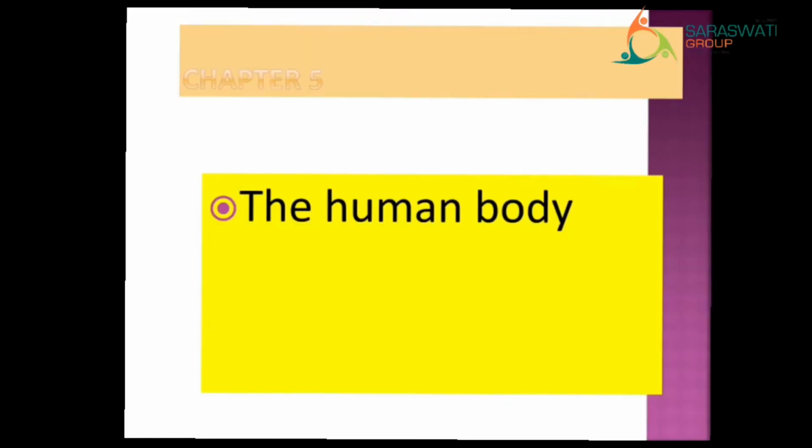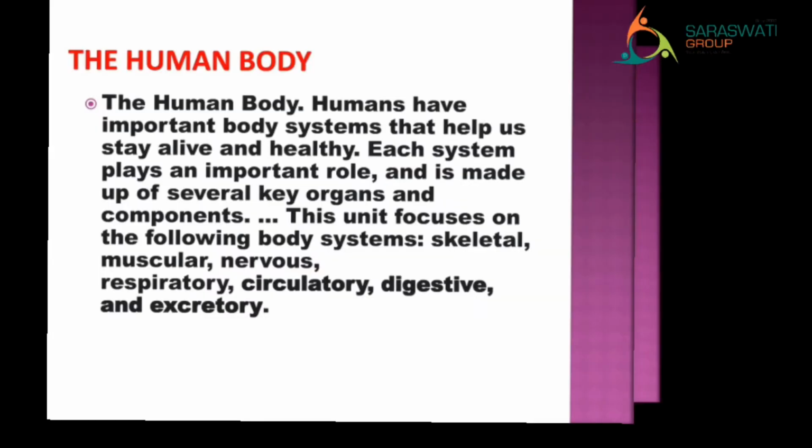Our chapter is chapter 5, the human body. Now kids, let me explain something about the human body. The human body is made up of so many cells. Humans have important body systems that help us to stay alive and healthy.